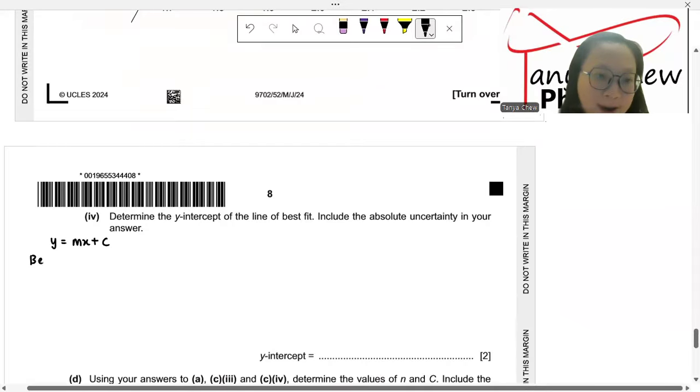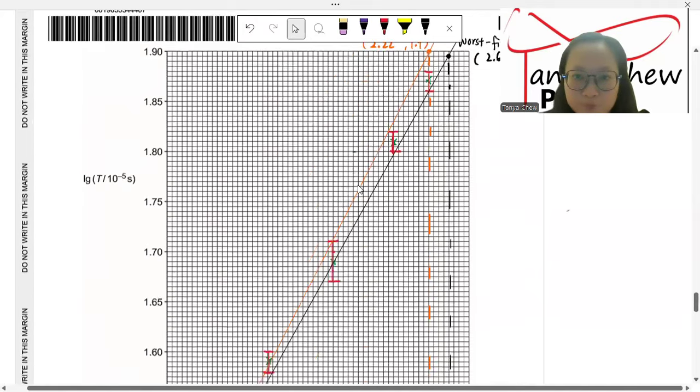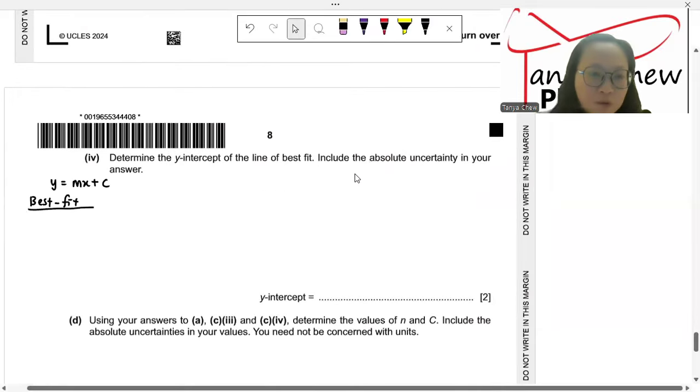So I'm going to do that for best fit line first. The coordinate that I want to use for my best fit, let me see which color represents my best fit, is orange color. I am going to use 1.72, 1.41.